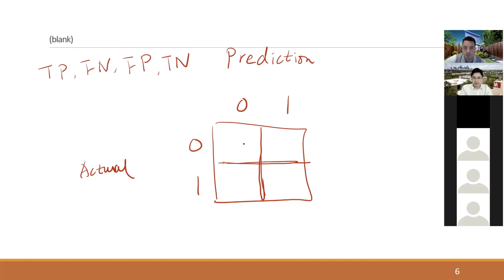What's this? True negative. True negative, great. What's this? False positive. This is off diagonal. False positive. And why positive? Because prediction is the column. The column says it's positive, so it's positive. But when you hear false positive, it's talking about a negative case, where the row is referring to all the negative cases.